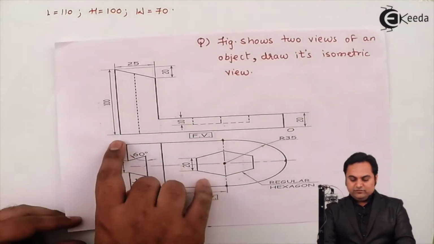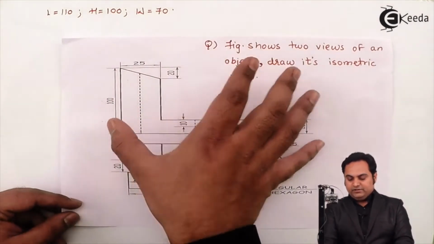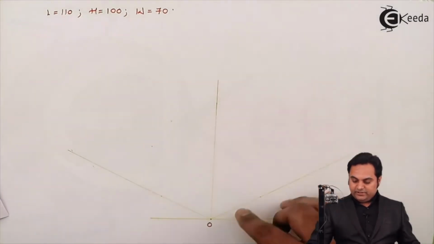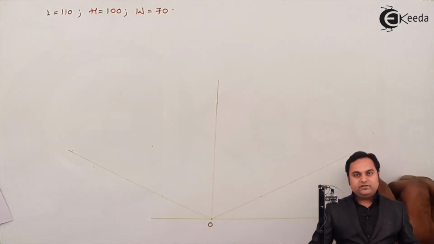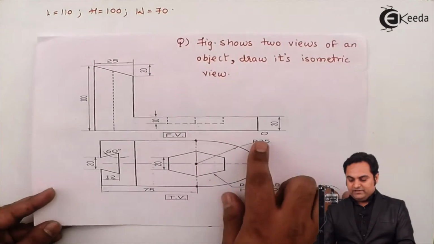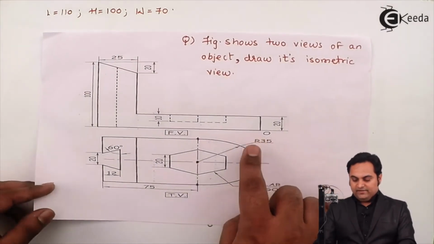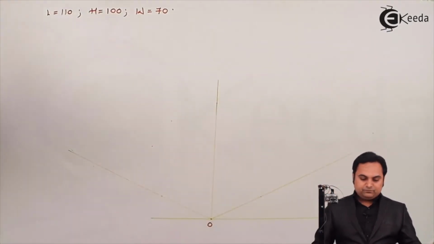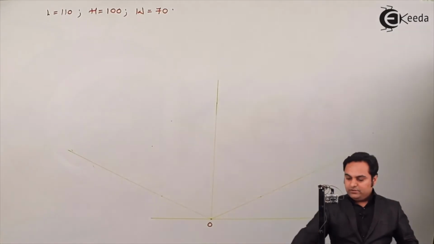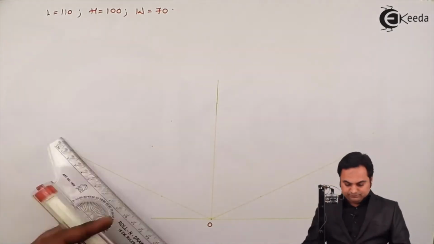If the origin had been at this corner, then keeping the object here, the length would have been over here. But here, as per the direction of the origin, I have to take the total length on this side. So I'll mark the total length, which is 110 mm.